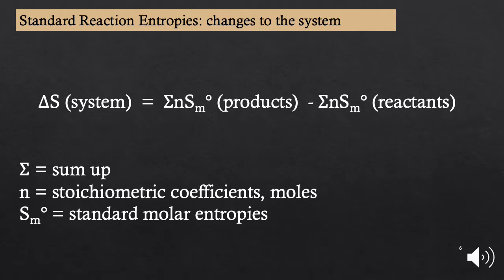To do this, take the sum of the standard molar entropies of the reactants multiplied times the coefficient of each reactant in the balanced reaction and subtract it from the sum of the standard molar entropies of the products multiplied times the coefficient of each product in the balanced reaction. Standard molar entropies can be found in a table in the index of your textbook. They can also be found online.